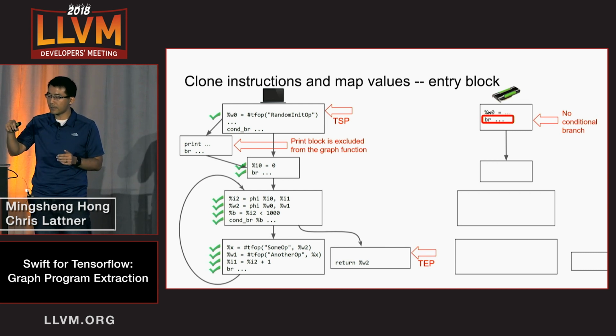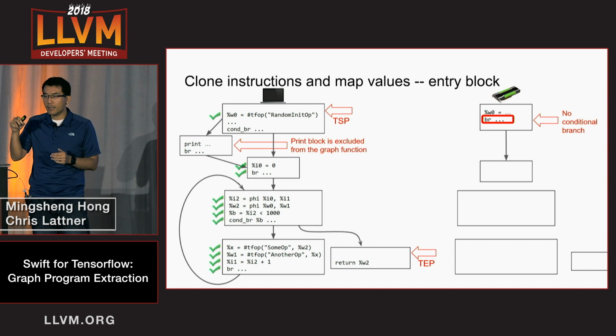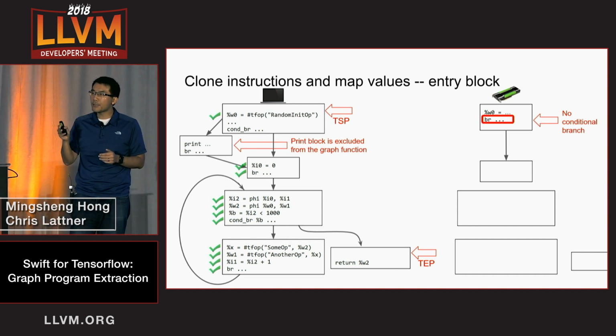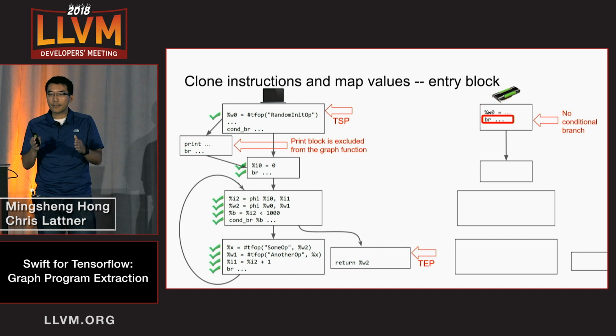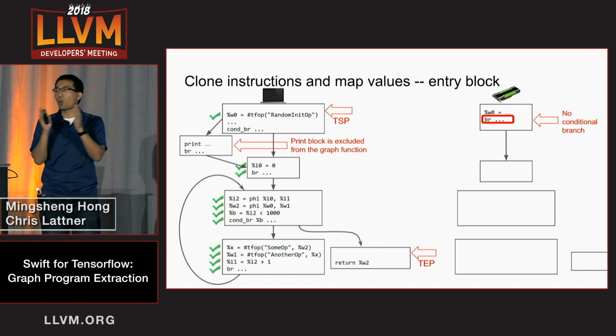And we connect it with the immediate post-dominator in the graph. In this case, we're connecting that entry block with the loop preheader. And this is how we can slice the print block out of the graph execution.